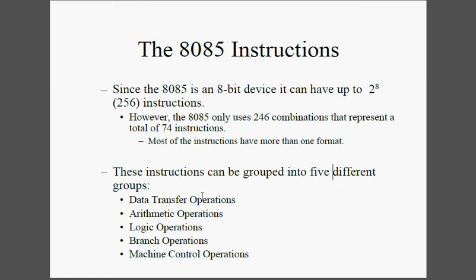There are instructions used for data transfer operations, instructions used for arithmetic operations such as addition and subtraction, logic operations, and branch operations, which ask the microprocessor to jump to another address to process another instruction, and also machine control operations.